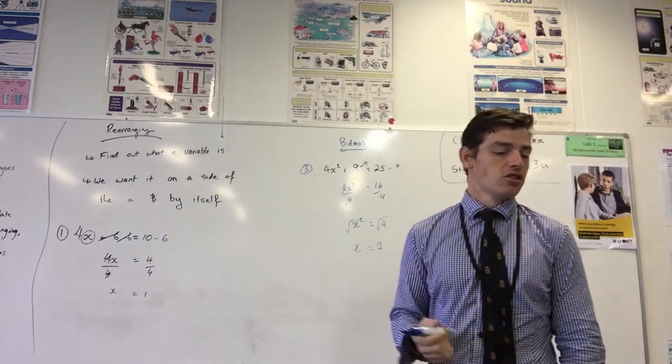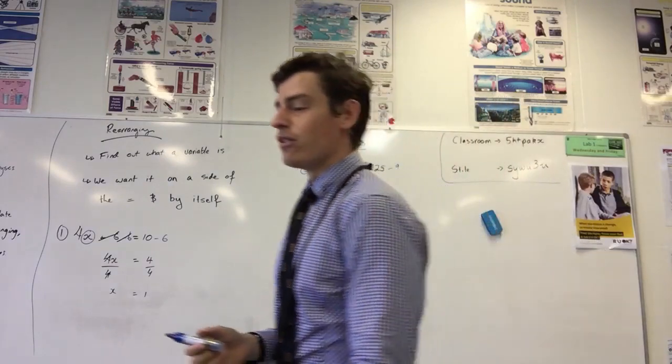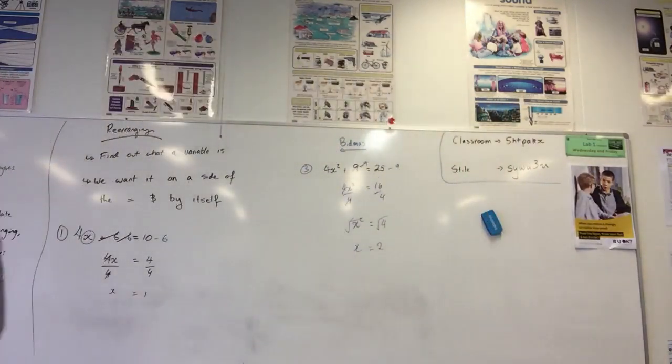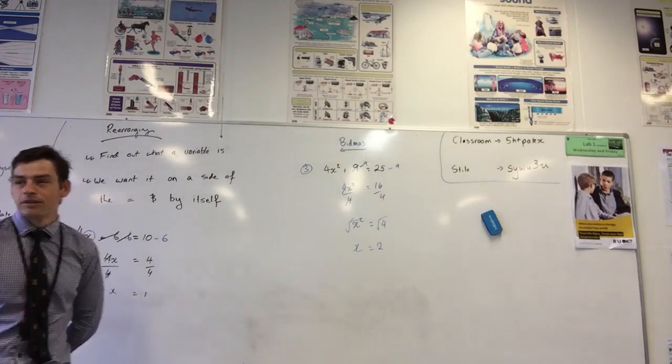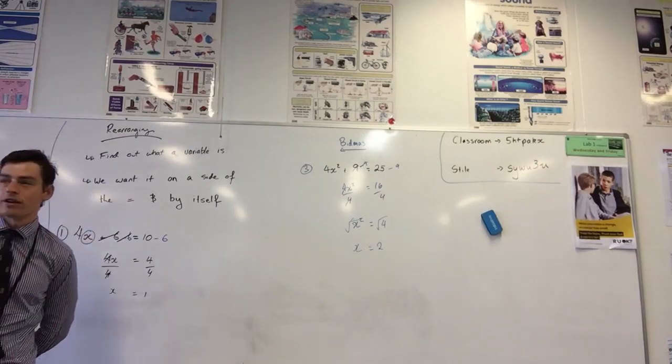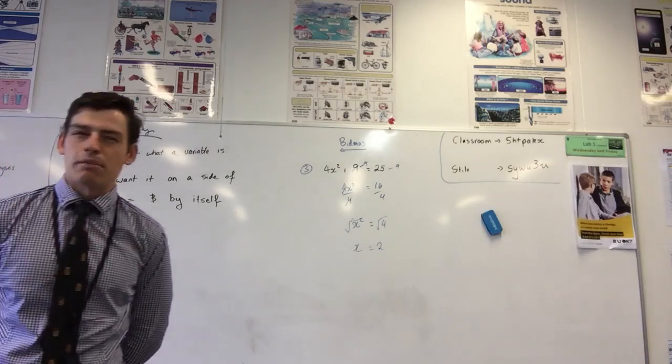Nice and easy for those questions, but when we get to question 7, what's different? What's the main difference between the variables? There's multiple unknowns, correct? Does that matter?